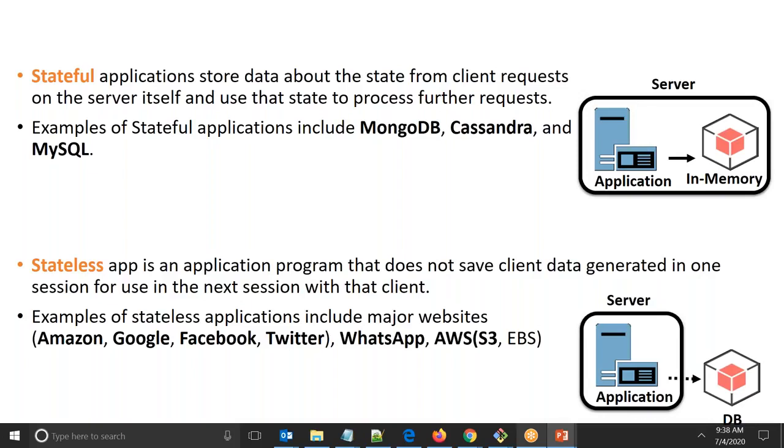Typically all the applications we have seen so far are stateless, because if you want to deploy a stateless application using Docker, you will have an image. Now if you create a container from the image, wherever you create it, the application will start, but the database that it needs will be available on a different machine.